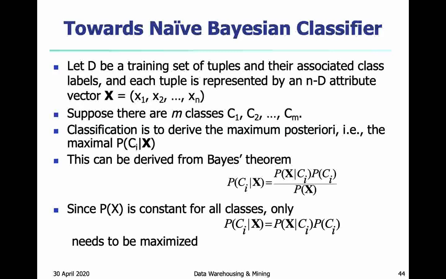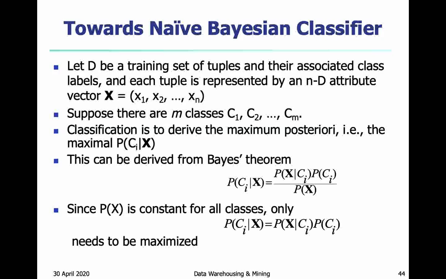We already have that training set. Each tuple is represented by an n-dimensional attribute vector X, and these tuples are made on n attributes, A1, A2, up to An.